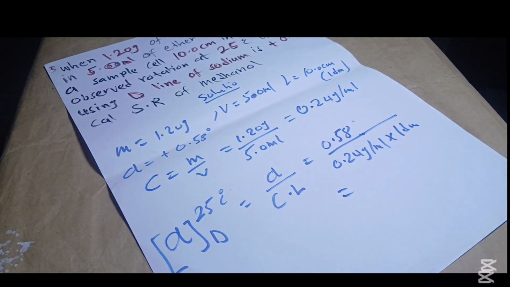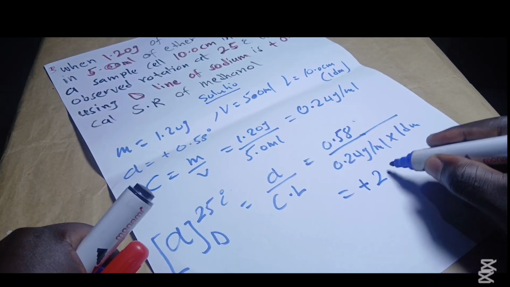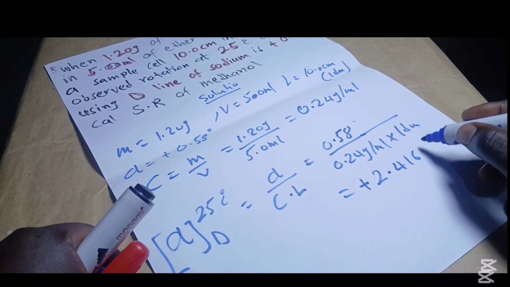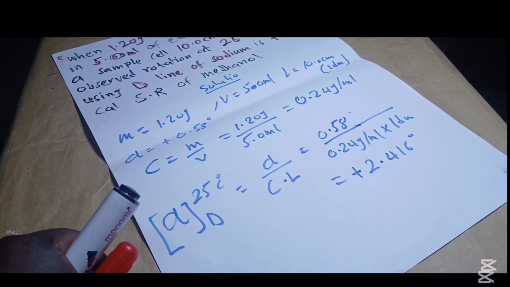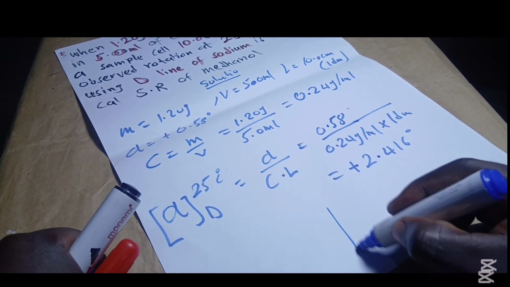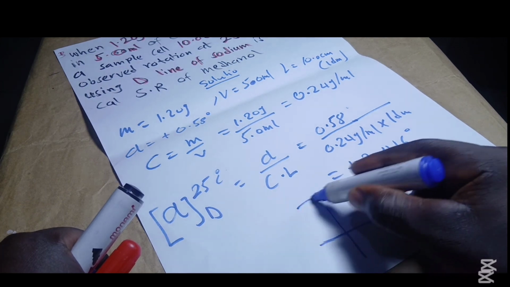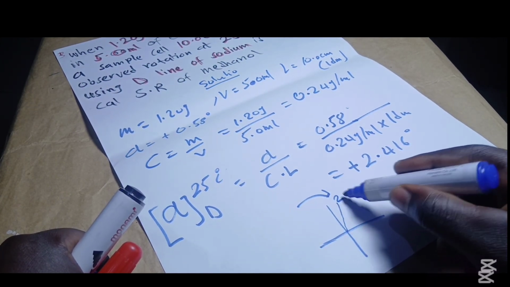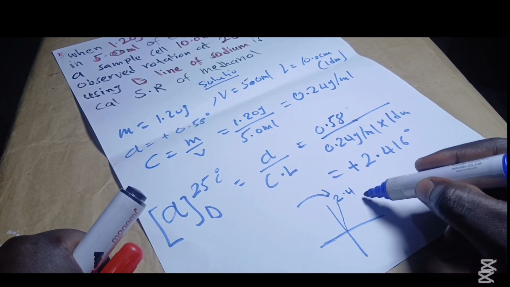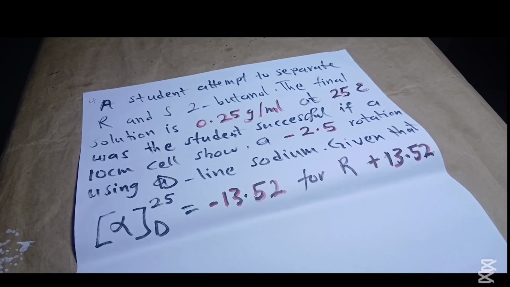So this is going to give us a positive 2.416 degrees. That is the angle that we get for the specific rotation, and it is positive. It means that our sample rotated the plane polarized light to the right, dextrorotatory, at 2.416 degrees. A student attempts to separate R and S 2-butanol.